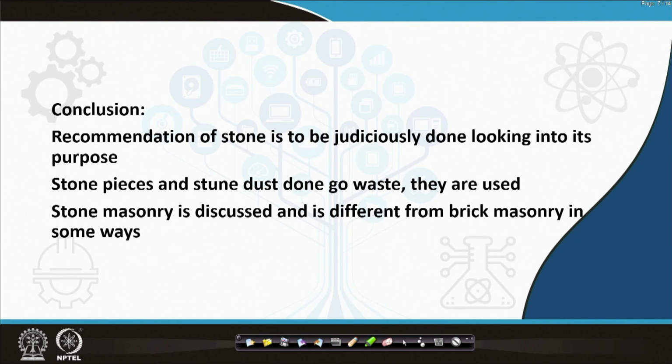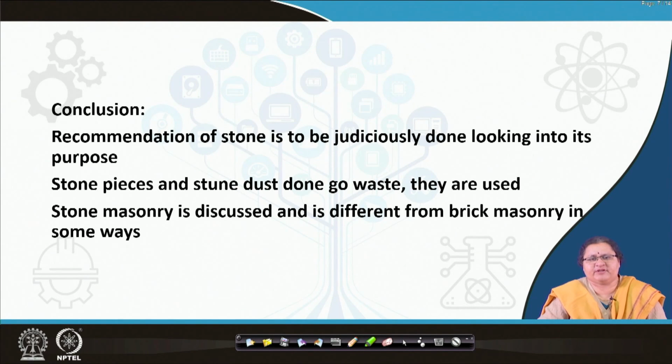Stone pieces and stone dust do not go waste, they are used up. Stone masonry, which is discussed, is different from brick masonry in some ways, but principally they are the same. Also, we understood some of the preventive measures which are to be taken when we are going for a stone wall as a solution.